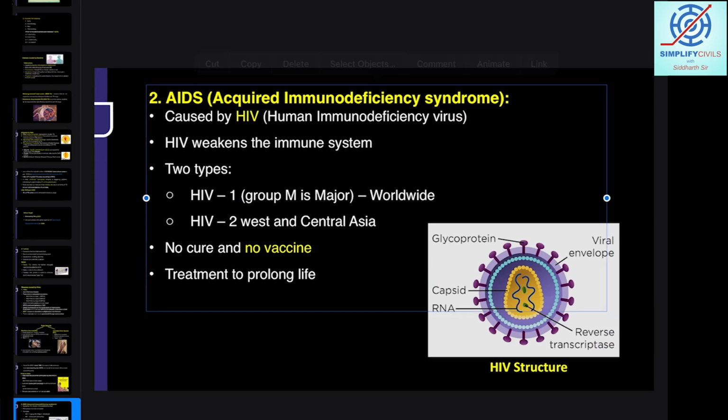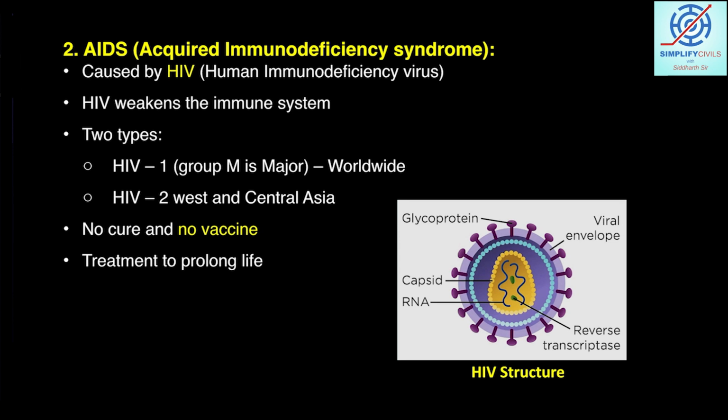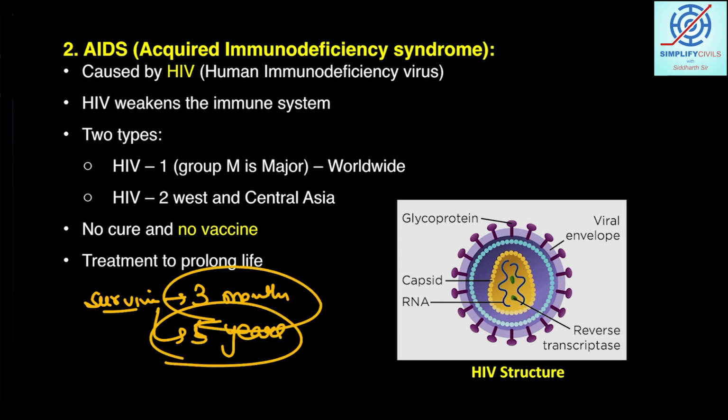What happens, students, may depend on the immune system of the individual and how much time the virus takes to replicate inside the body. The individual may survive for 3 months, maybe not more than that after diagnosis, or may even survive for 5 years. That depends on the immunity of the individual, but the person will be called HIV positive.